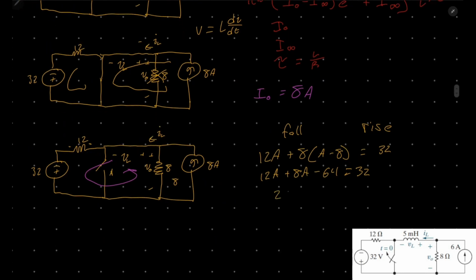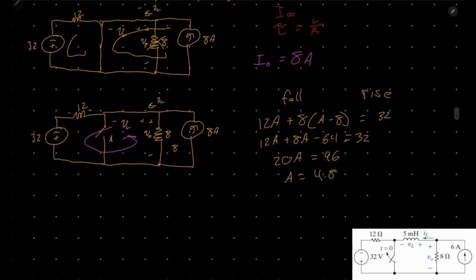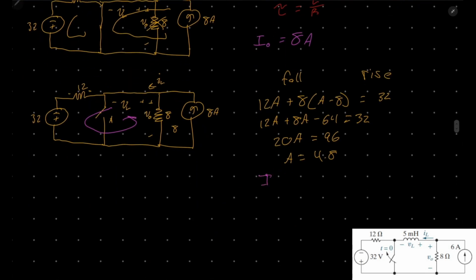So 20A equals 96, so A is going to equal 4.8. So our current at infinity is 4.8 amps.